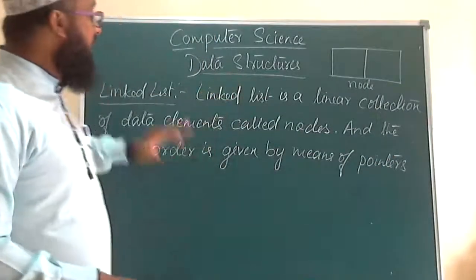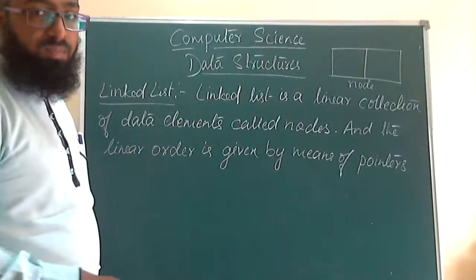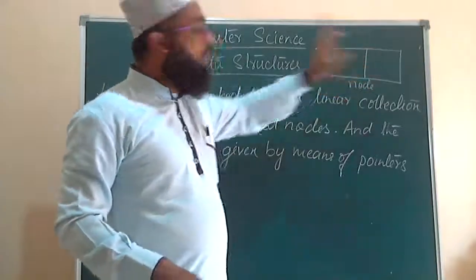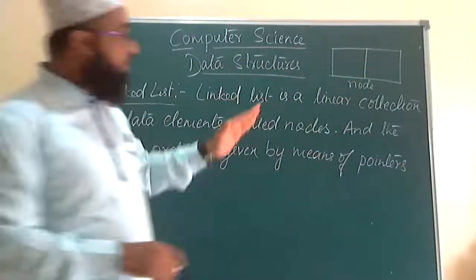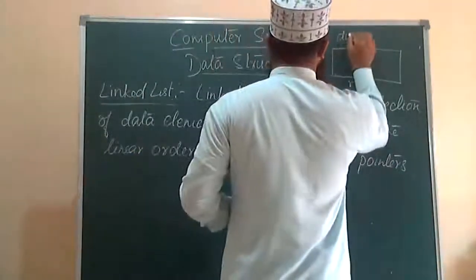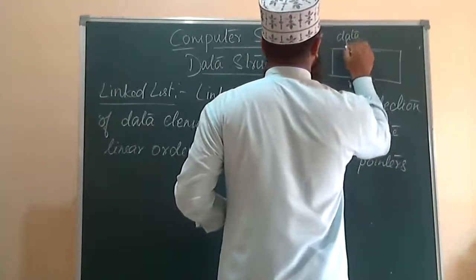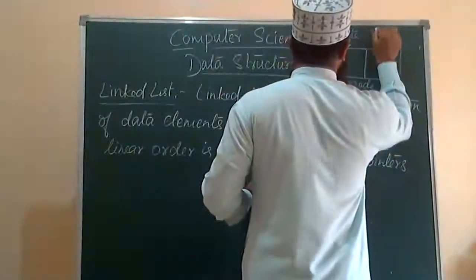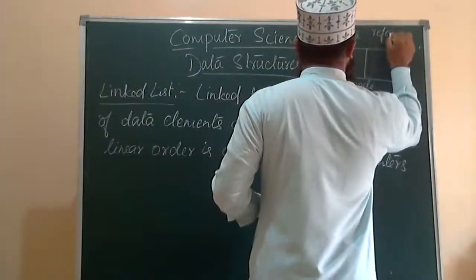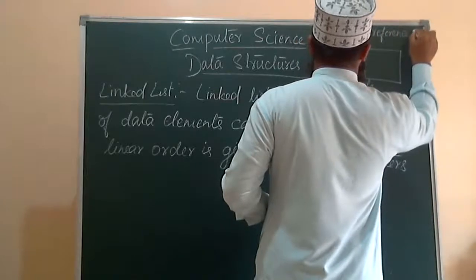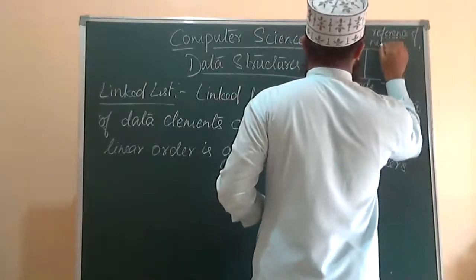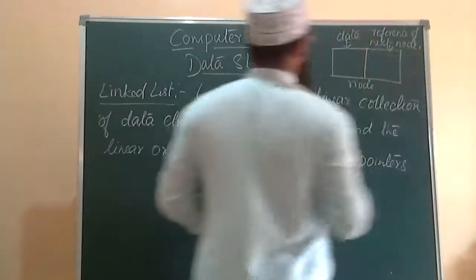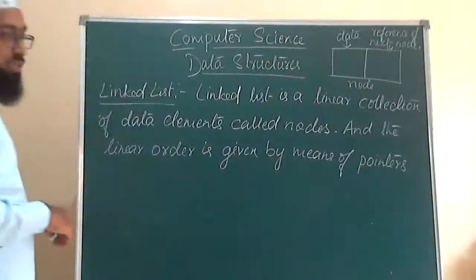Here in a linked list, every node has two parts. The first part is called the data part, and the next part is called the reference of next node.